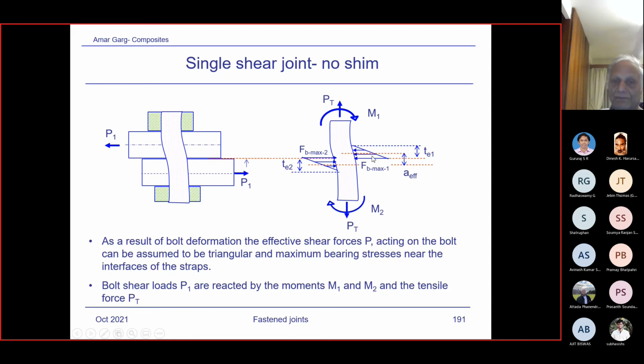Now, this load, you see, creates the bending moment on the fastener. This bending moment has to be reacted somewhere, and this reaction is mainly through this M1 and M2.